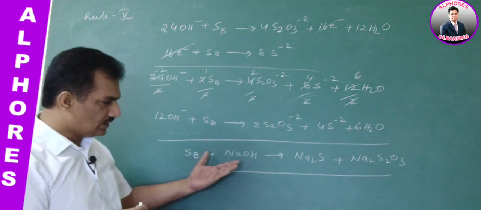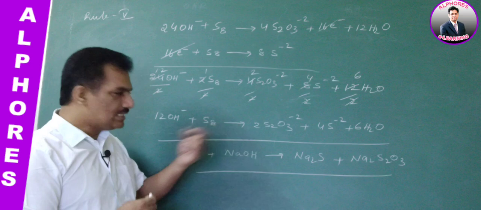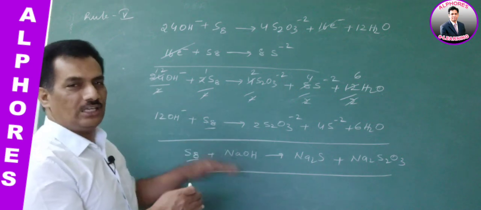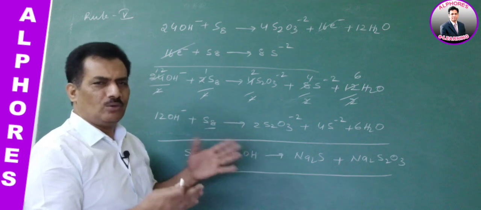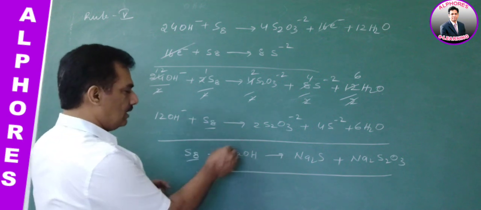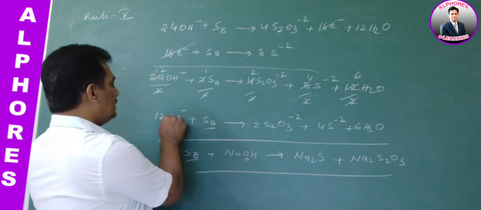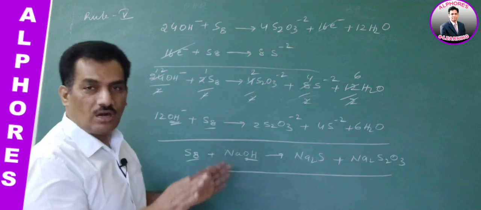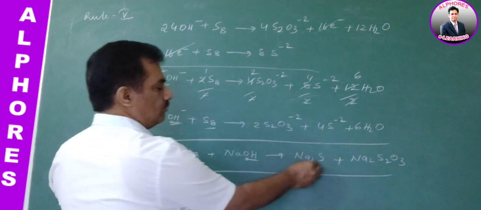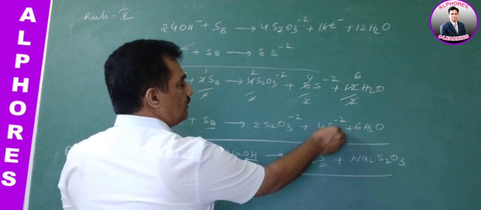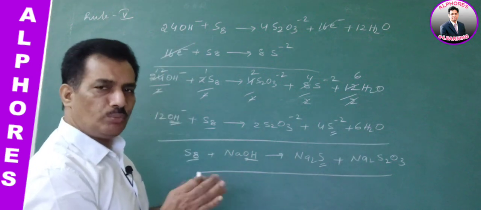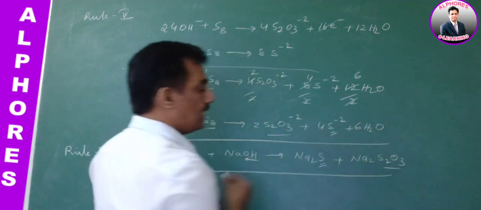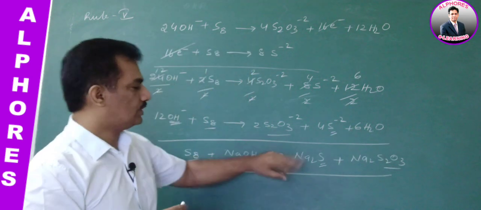Now if we observe the balanced equation, S8 is there, so it is present in the given equation and the balanced equation, no problem at all. Oxygen or OH is there, so we have no doubt. And on this side sulfur is there in the form of sulfide, no problem at all. And the thiosulfate is there in both cases.